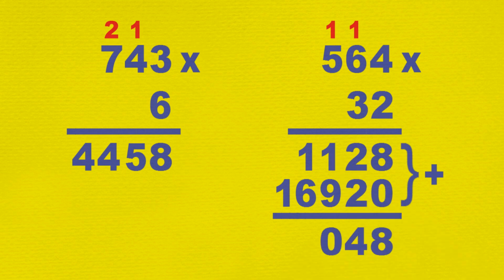The 0 is written in the hundreds position, and the 1 is added to the thousands. Then 6 plus 1 plus the extra 1 equals 8, which goes in the thousands position, leaving the 1 in the 10,000s position, which is written under the line. So the final answer is 18,048.